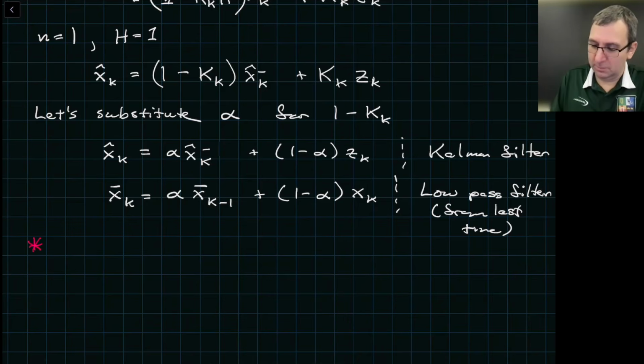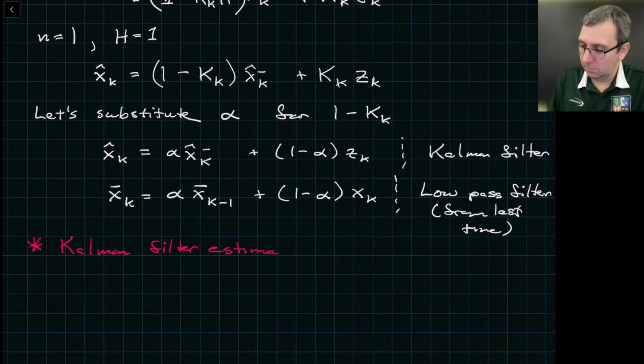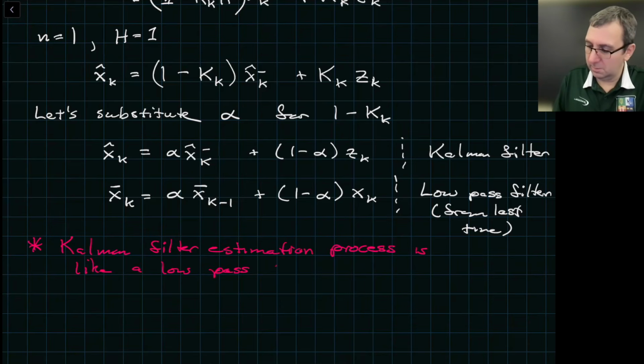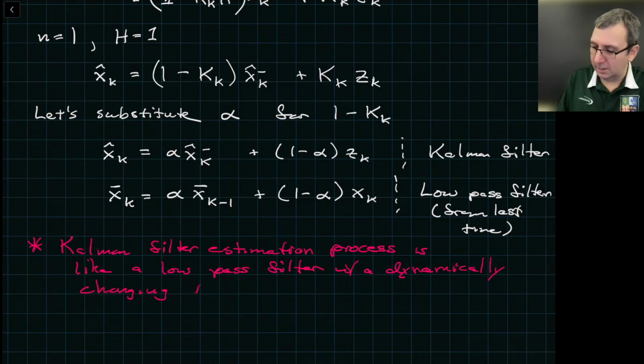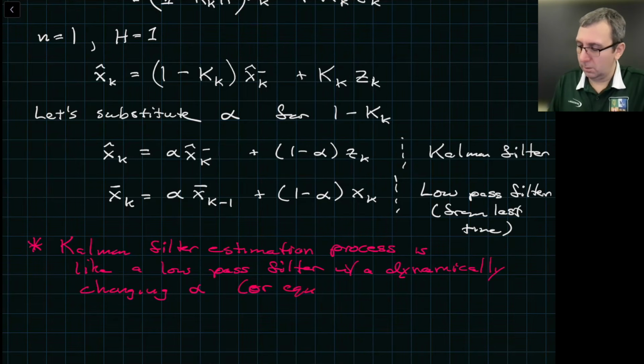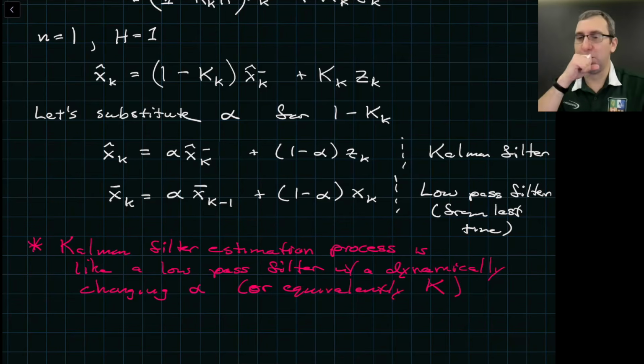So that's kind of the upshot here. Kalman filter estimation process is like a low pass filter with a dynamically changing alpha, or equivalently that gain, the Kalman gain.